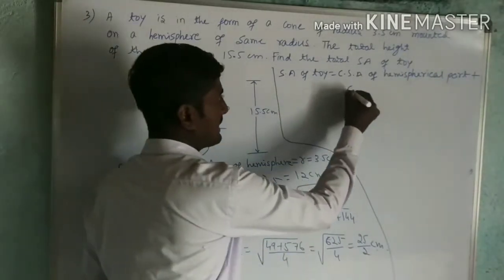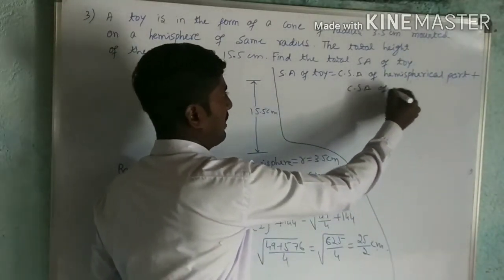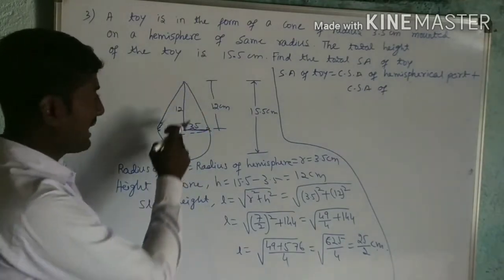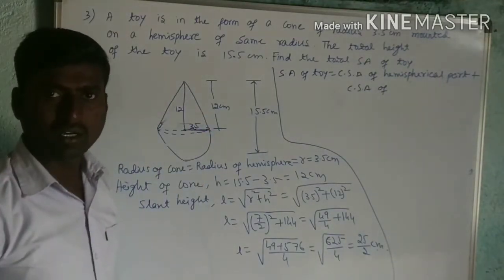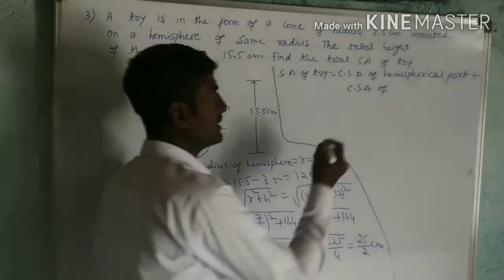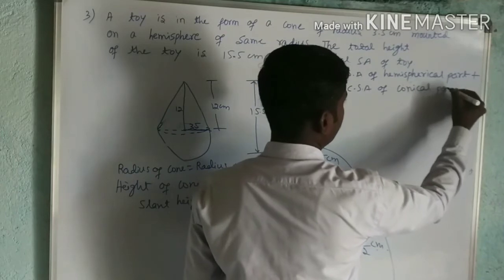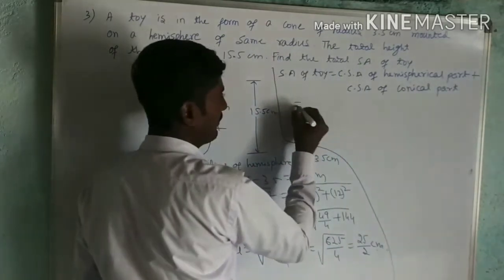Plus CSA of cone. This part is in the form of a cone, so I can write this part as conical part, or you can write it as a cone, no problem. CSA of conical part. Now let us write the formula.